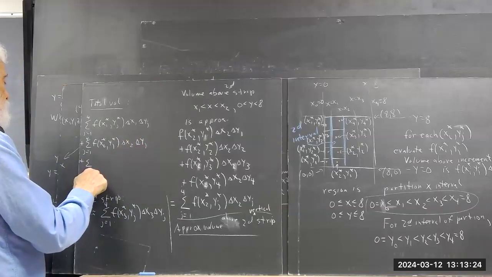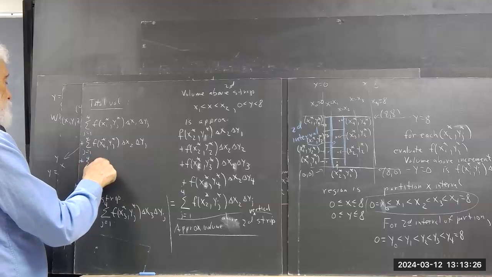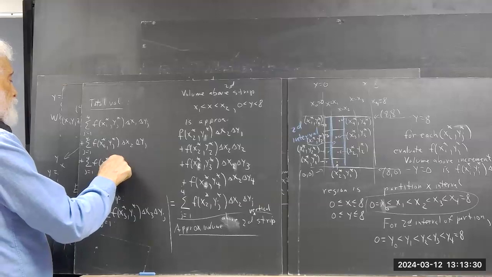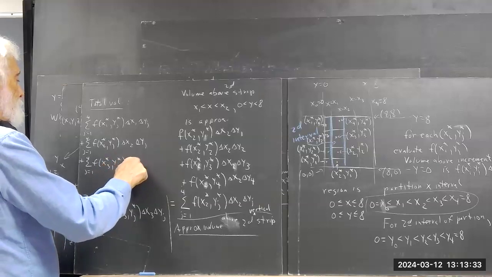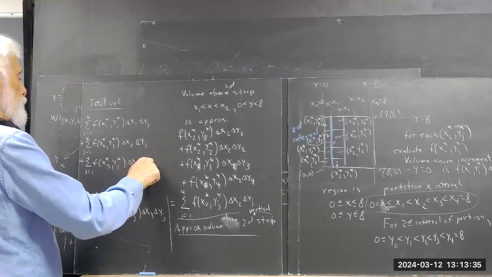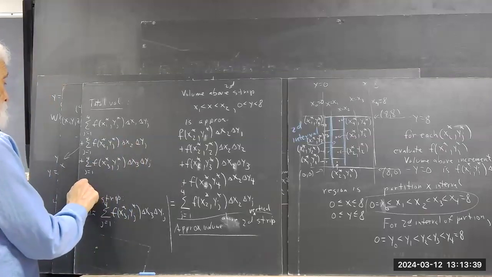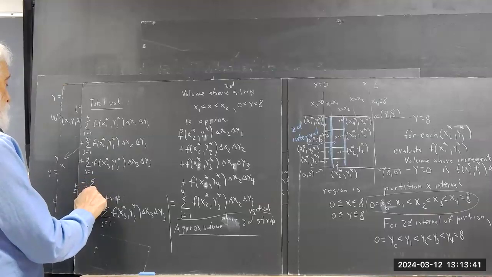Plus the sum for j equals 1 to 4. Getting monotonous now, but make sure we're thinking about what all this means every time we see it. Don't just write it down. Understand why we're writing it down and how it corresponds to our picture.